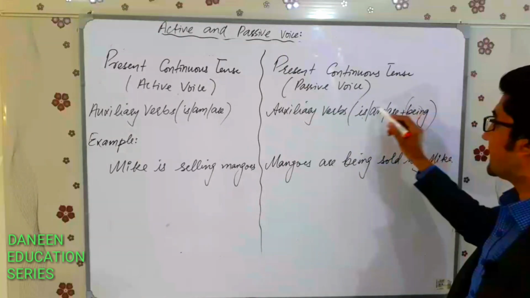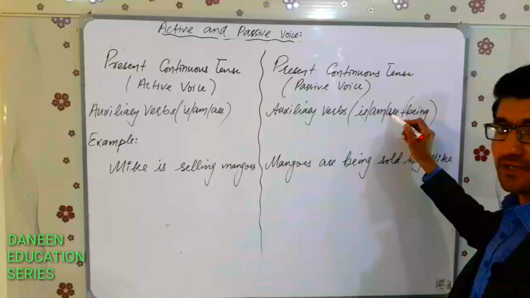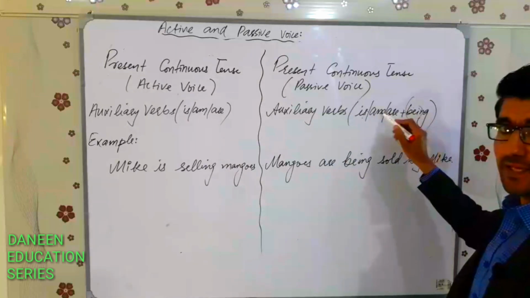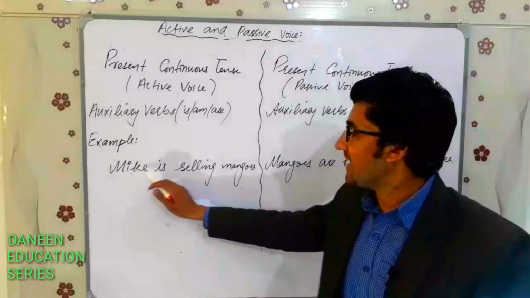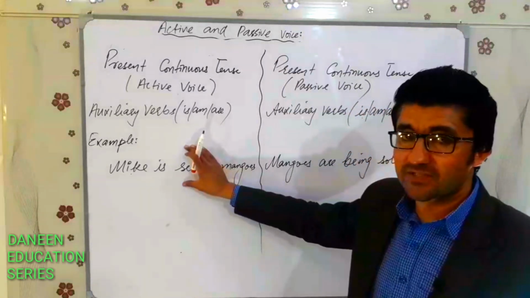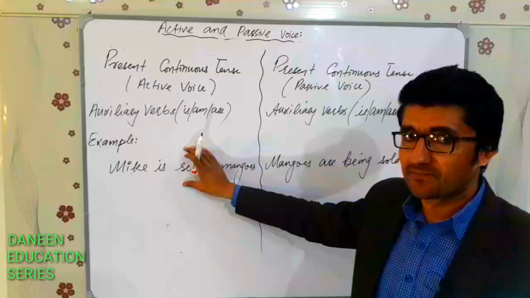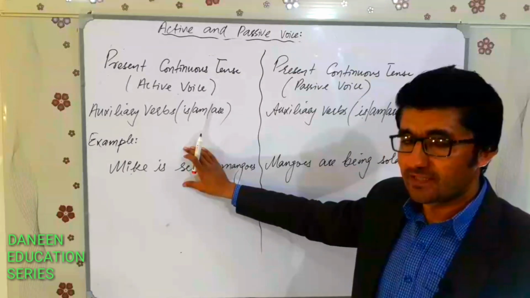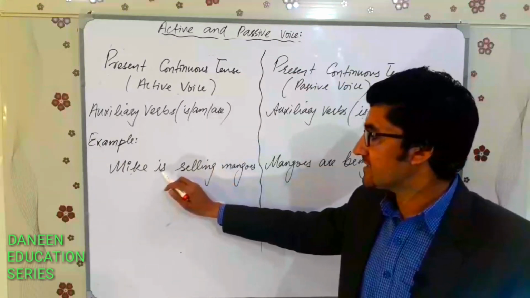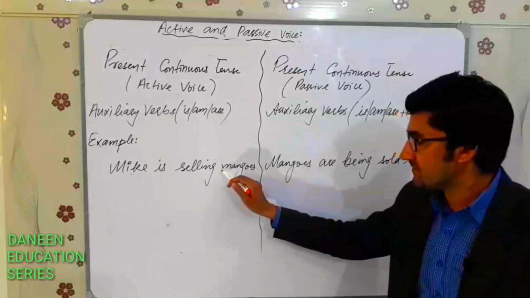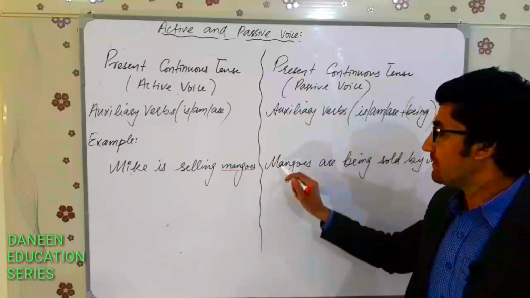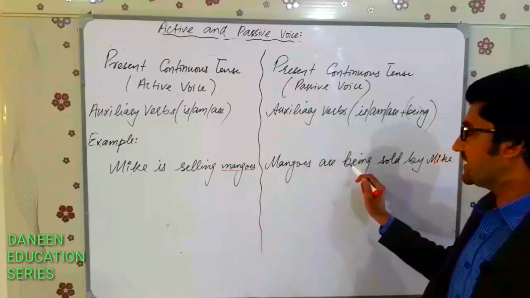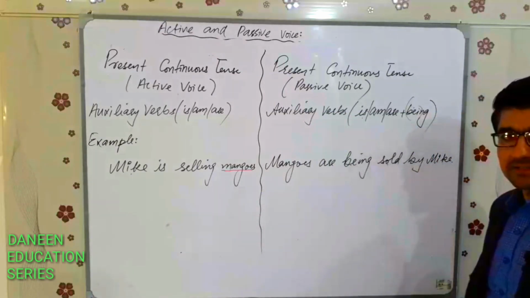Being should be with is, am, and are: is being, am being, or are being. Now, for example, Mike is selling mangoes. This structure is in present continuous tense and it has been used in its active voice. Once again, the object is in its plural form. So mangoes are being sold by Mike.